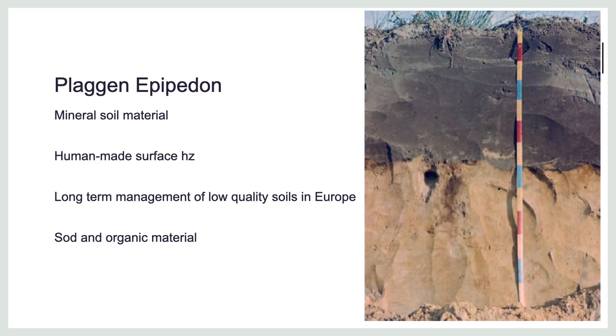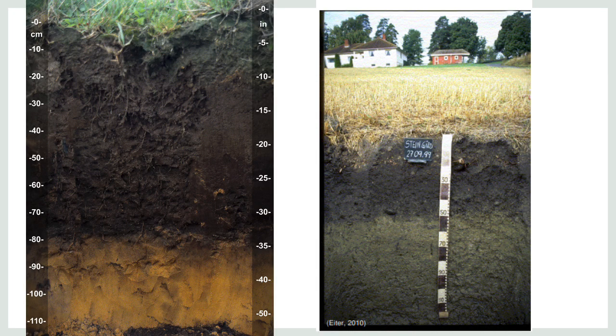Okay, so they add sod and organic material at the surface of these soils, trying to increase the soil fertility, as you can see here. So this dark horizon here is something that was added by humans trying to increase the soil fertility. Okay, so you can see here both cases. All of these cases are related to organic material or sod or both that were added by humans trying to increase soil fertility.